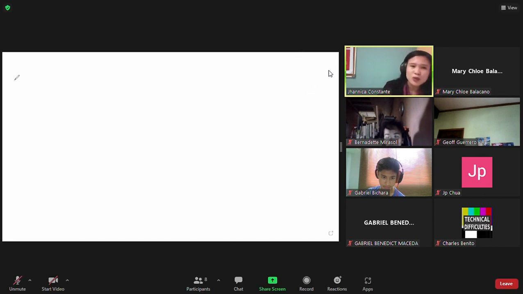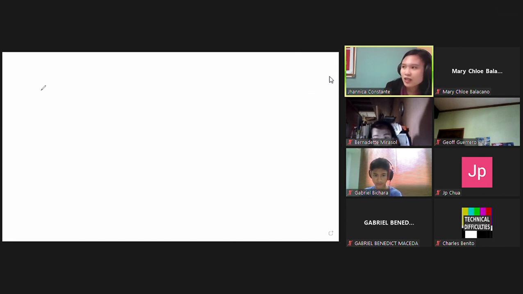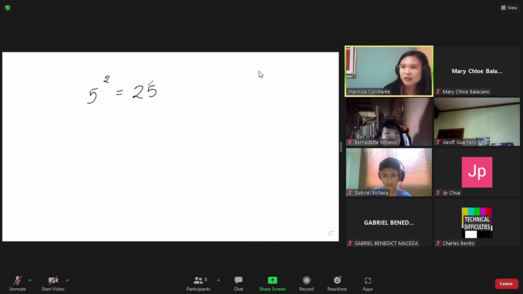And to change exponential to logarithmic, it's just the vice versa of what you did in changing logarithmic to exponential. For example, we have the exponential form 5 squared equals 25. That is the exponential form that we have.